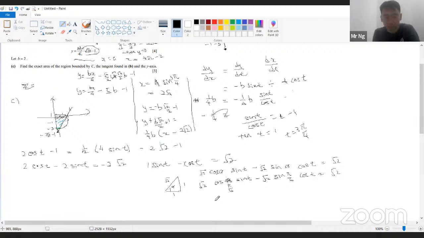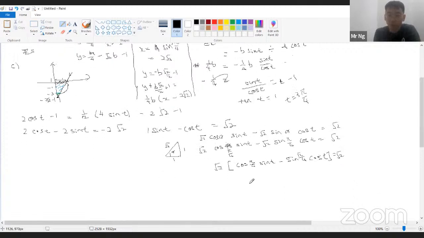Then we can proceed to square root 2, using cosine sine, whatever. Okay, so after that, it will be your sine rule.